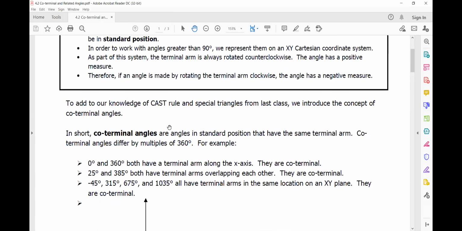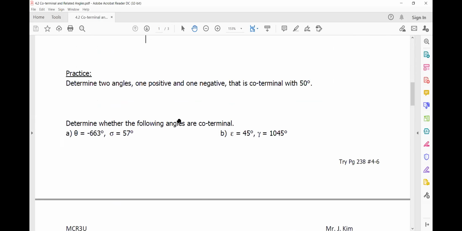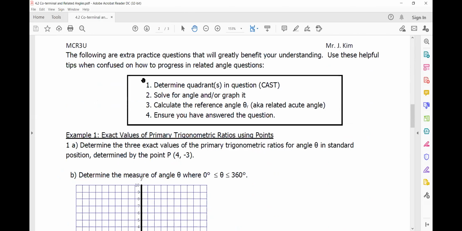Okay, everyone, going to our handout, every single question that we do, you will see me figuring out what quadrant we're dealing with, because it's really important to do so.